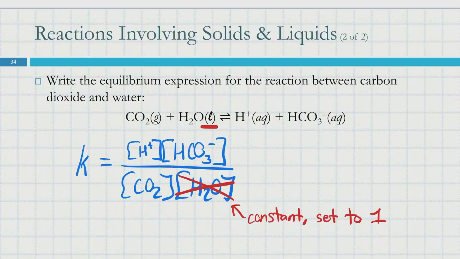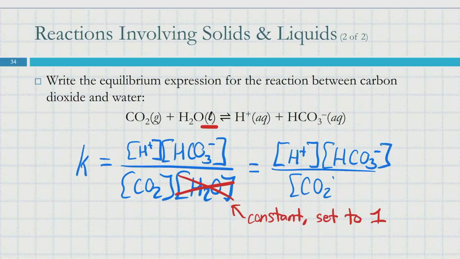So our actual equilibrium constant expression is the same thing, just without the H2O part. You might choose to just cross things out so that you remember to ignore them. Questions about that? All right, then that'll do it for at least the first third of this chapter.